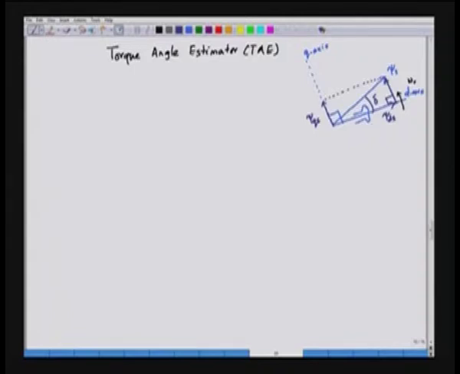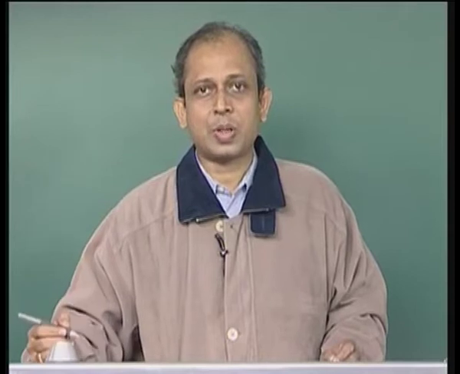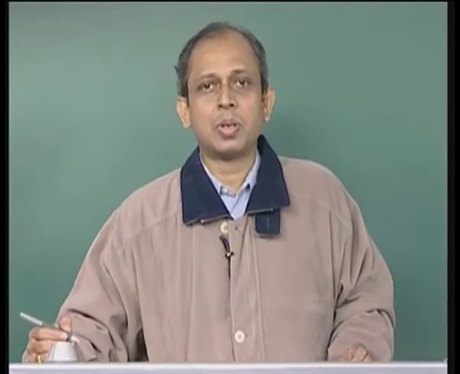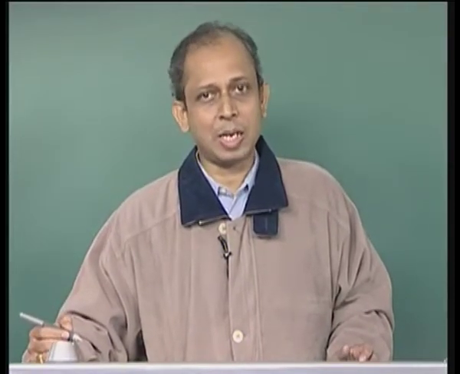Delta is calculated by what is called a torque angle estimator block, and we can say that delta is equal to tan inverse of psi qs by psi ds. So, to find out delta, we should have information about the q axis stator flux, that is psi qs, and also about the d axis stator flux, that is psi ds.